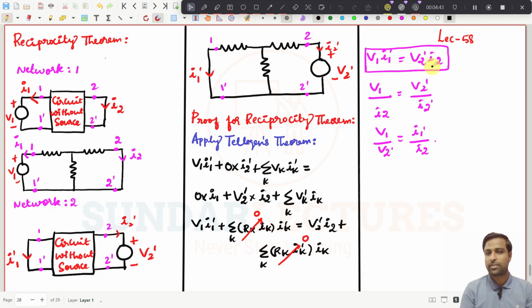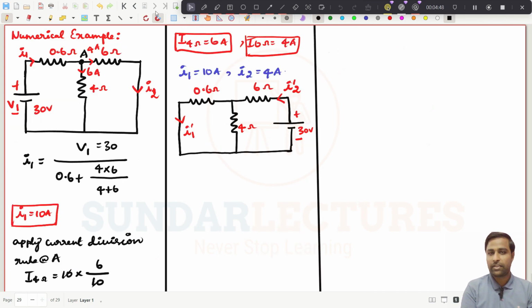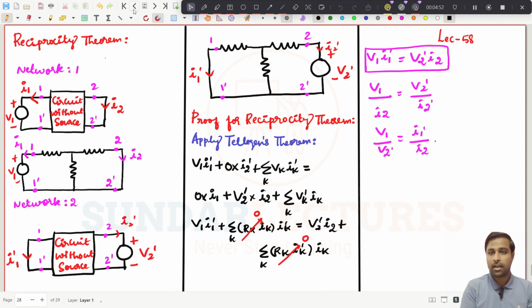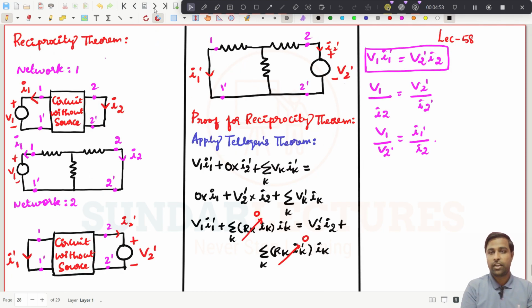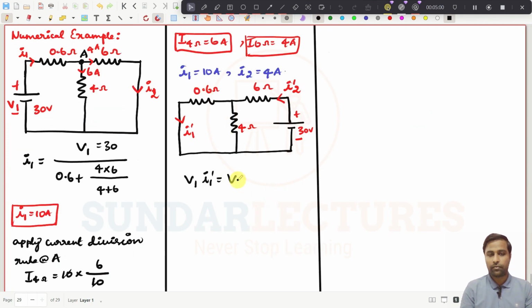V1 I1 dash should be equal to V2 dash into I2. That is the idea. V1 I1 dash is equal to V2 dash into I2. This is the reciprocity theorem, right? So you want to know what is I1 dash?